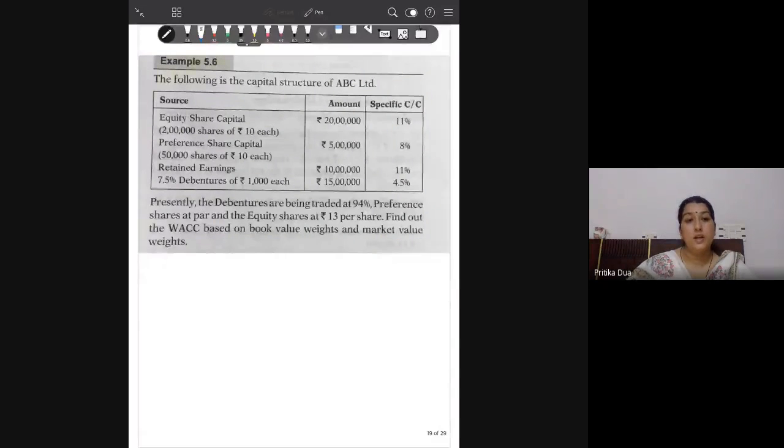And you are given some current market values for debentures and preference shares, equity shares, and then you have been asked to calculate the weighted average cost on basis of book value weights and market value weights. Okay, so let us start with the question. So we are first using the book value weight approach.